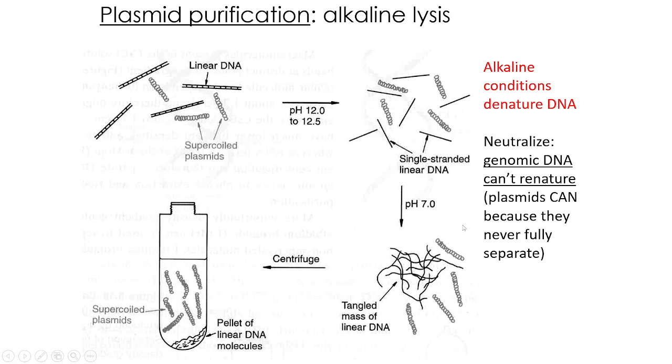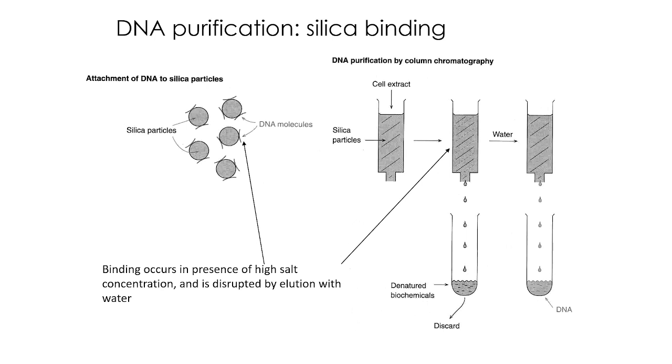There is a tangled mass of linear DNA coiled over there, a very haphazard situation, so ideally it pellets down. You take the supercoiled DNA, that's the plasmid. You take the supernatant and load it into a column where it can bind the DNA. Then you elute it using a buffer or even water.